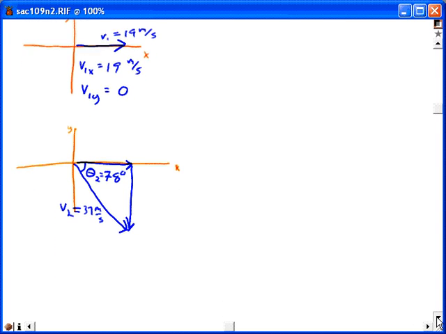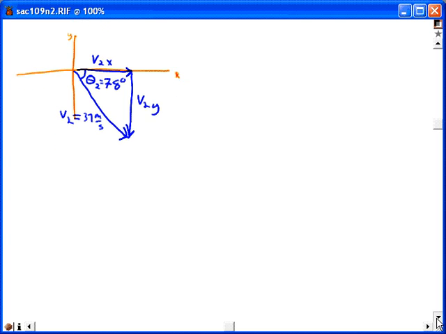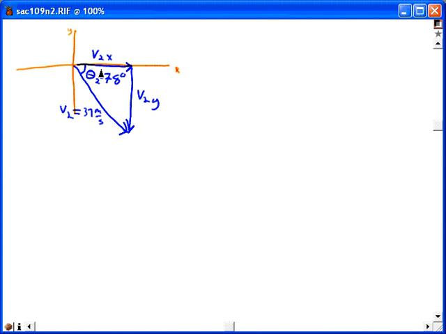And I use some trigonometry to find out what V2x and V2y are. Technically, it might fall under the heading of plane geometry, but I'm using the trigonometric functions. I'll go with V2x first. V2x divided by the given V2 is the adjacent of this triangle that I formed, divided by the hypotenuse.